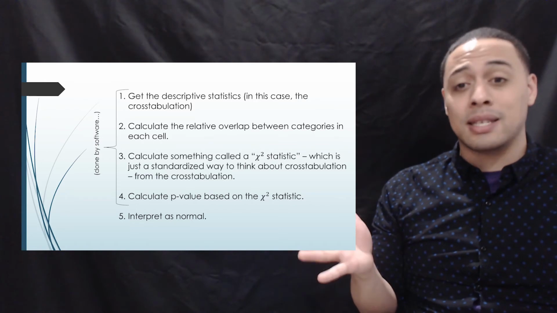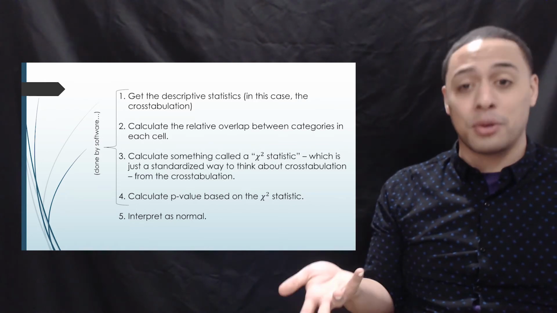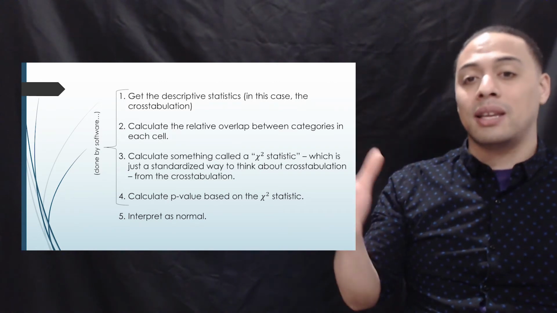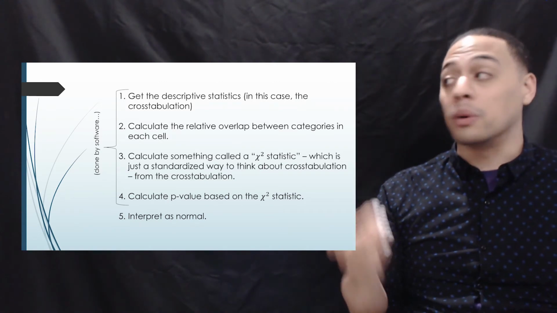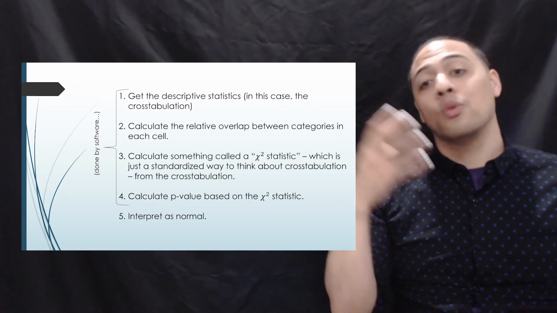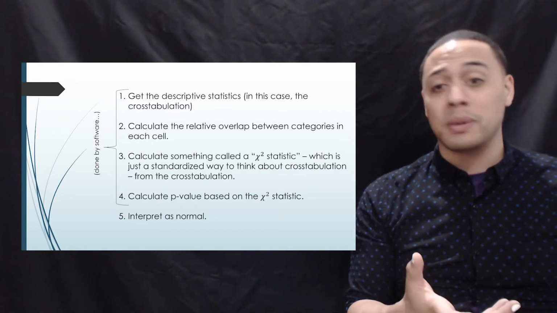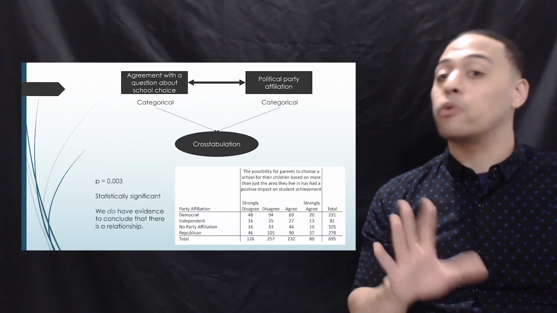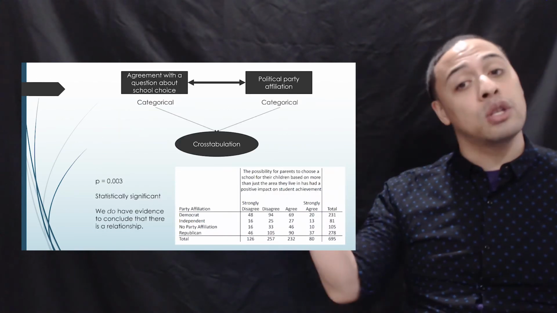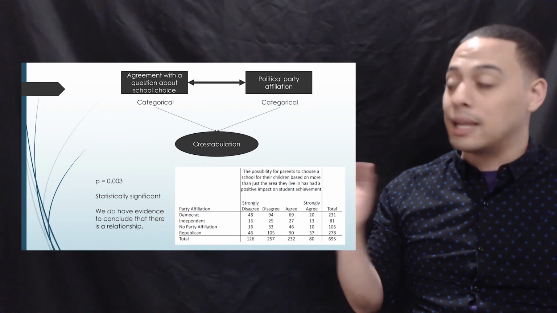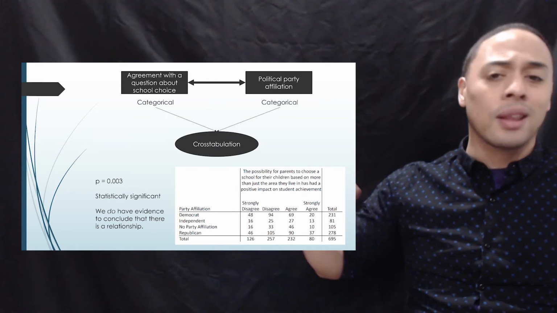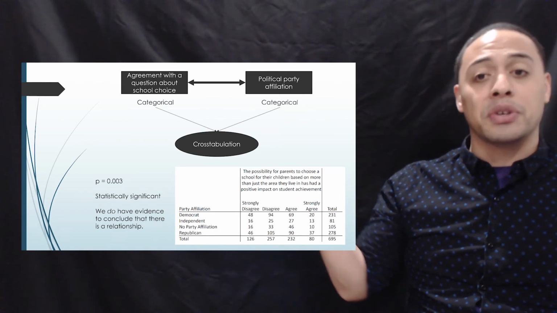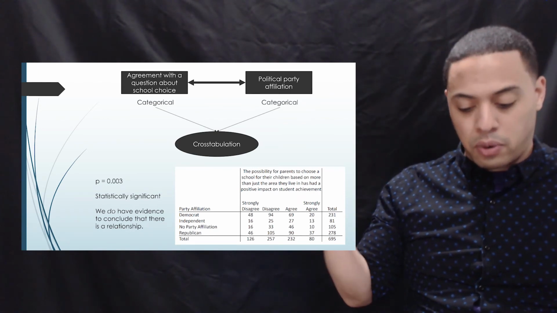Just like the t statistic, just like the f statistic, it's just another statistic that is a pass-through for us to be able to translate it into a p-value, which is what we do. We calculate the chi-squared statistic, we translate it into the p-value, and then you interpret that p-value the same way you've always done. So let's say we ran a chi-square test of independence for this relationship that we were talking about. And let's say that we did all of that, or the software did all of that, and we got a p-value of 0.003, sorry.